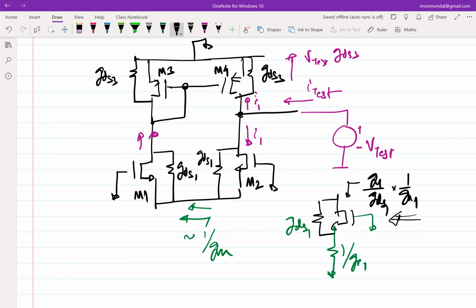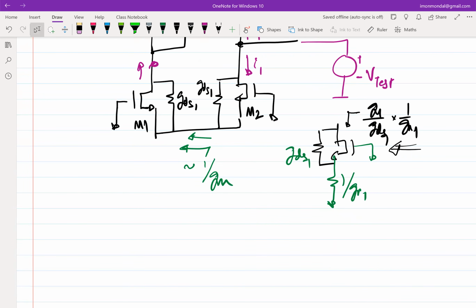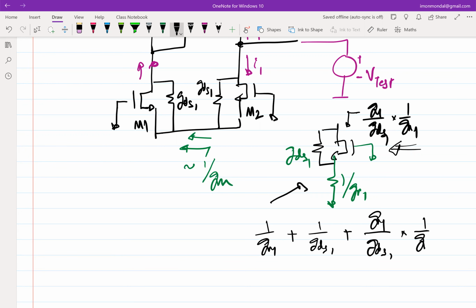But there is a catch. What is the exact expression? Can you look up and tell me, for this configuration? One over GM1 plus 1 over GDS1 plus this extra term, GM1 by GDS1 times 1 over GM1.